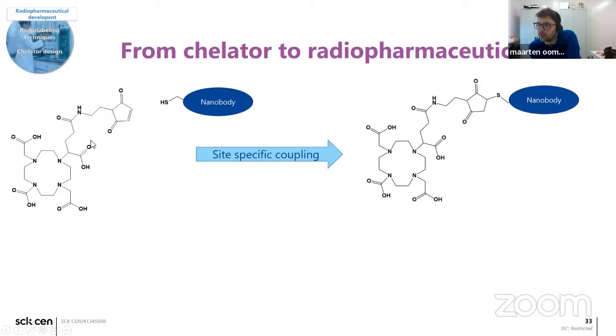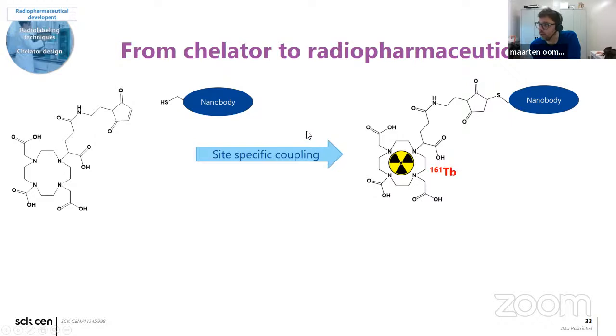Basically you bring these two together, and then you get your chelator conjugated to your nanobody. If you then do your radiolabeling, you can add your terbium to it. You have the radiolabeling process that we evaluated earlier, at 40 degrees.